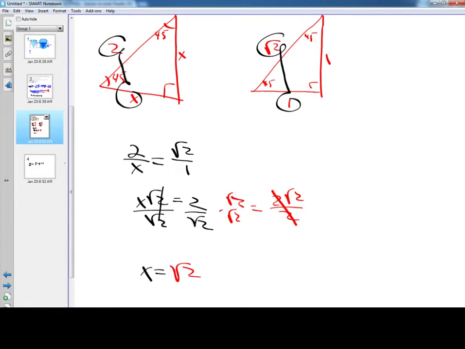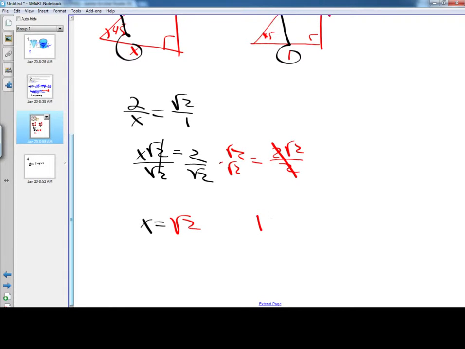Now, here's the thing. How many of those radical 2's do I need? I need 5 of them to go across, 5 of them to go up and down, so I need 10 of them. Yes? So I'm going to get 10 radical 2 for all the verticals and horizontals.